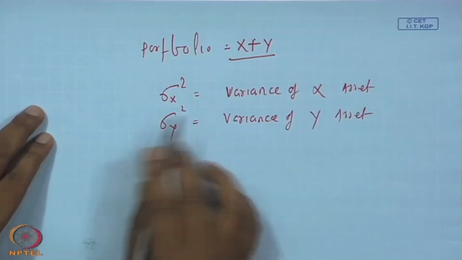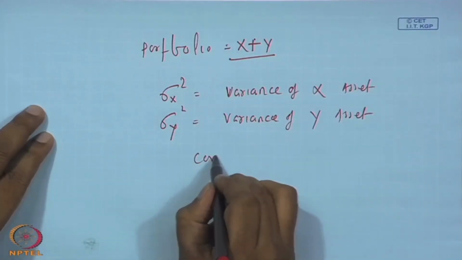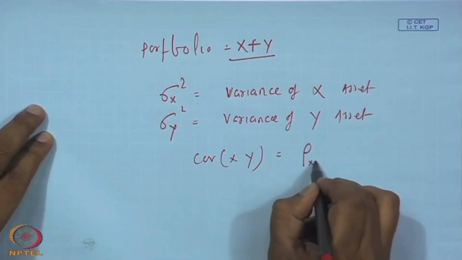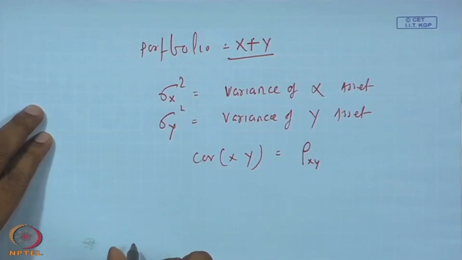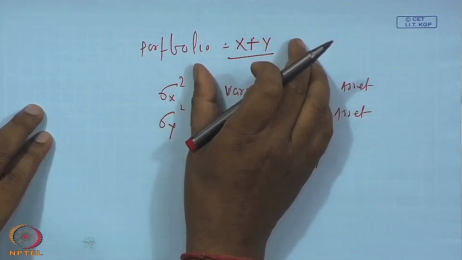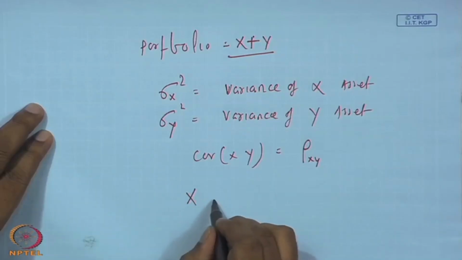Among these 2, x and y, there is a correlation, which I refer to as rho x y.